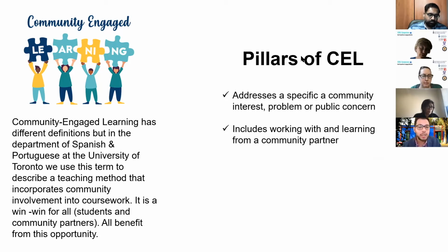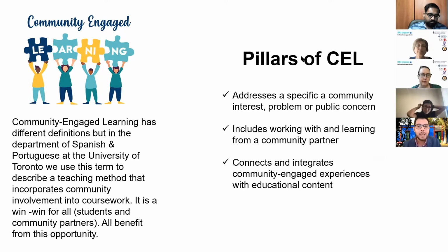So they learn about the process and what this company is going through by bringing these ingredients into Canada. They also integrate community engaged experiences with educational content. Some of our students placed in this component get to tutor kids 9 to 12, for example, and they help them with their homework. So they get to practice their Spanish, but they also get to practice their English at the same time.